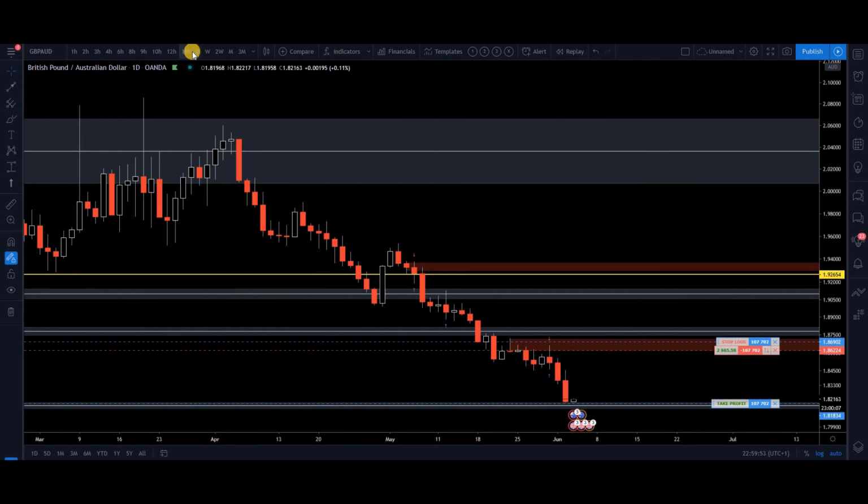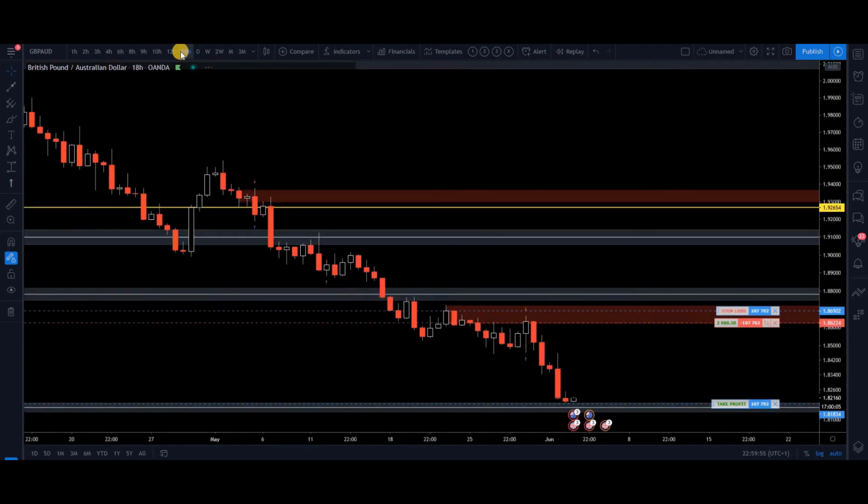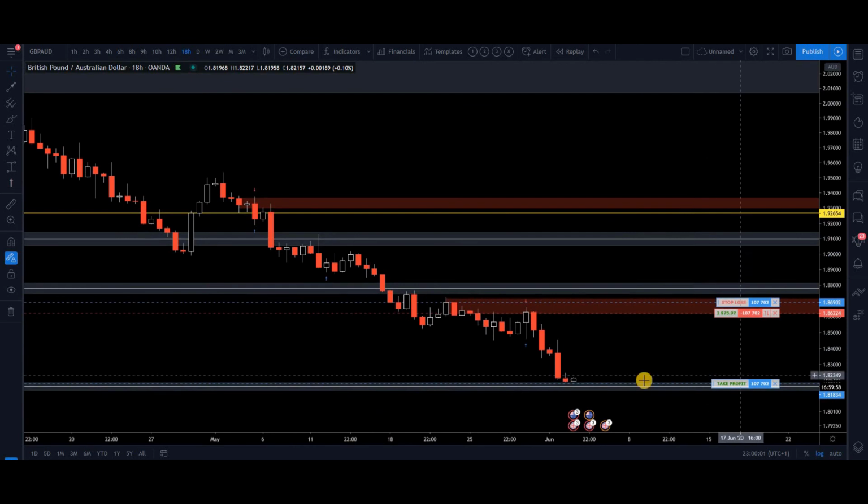The reason I've done that is I wanted to see how long price has been just above our stop loss. Because there's our stop loss, and look where price is. And with the best will in the world, we are currently, let's go down a bit, 35 pips away from our stop loss.